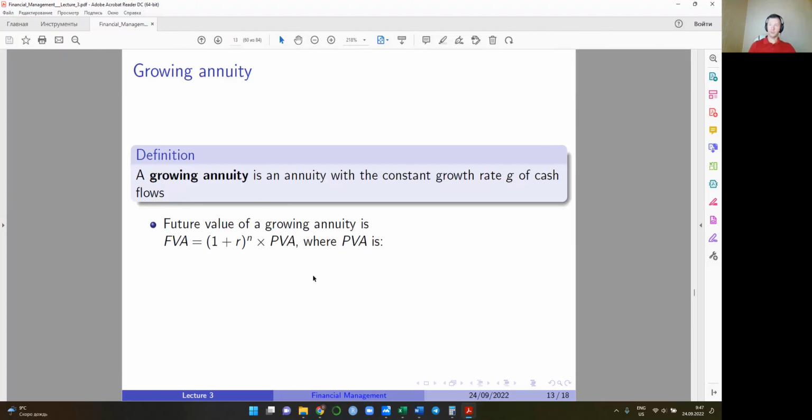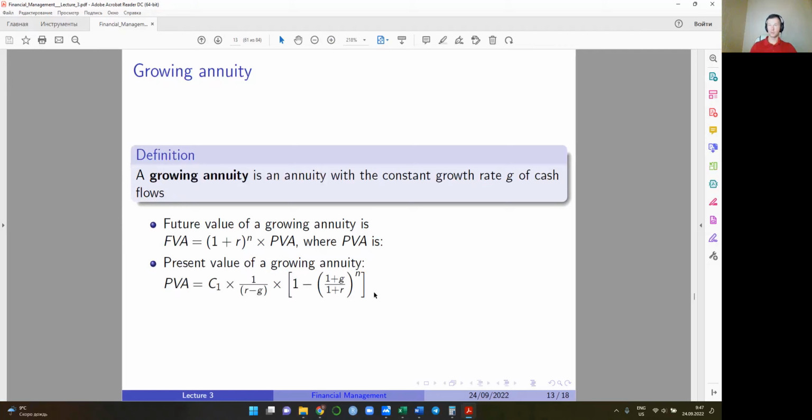Usually the future value of this growing annuity is derived with the help of the present value of a growing annuity. Therefore, we need to know what the present value of a growing annuity is. We have a finite number of elements, so the future value must also be finite and the present value must also be finite.